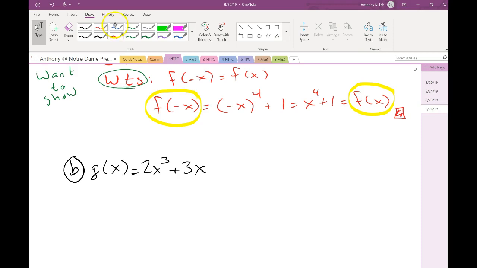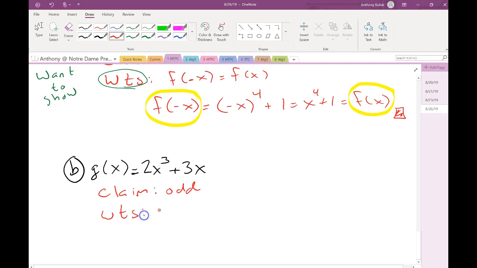Anybody with an intuition about what this is? Odd, even, or neither? So some people have said odd. If you weren't sure, what could you do? Graph it, take a look at the picture to make a determination whether you think this is odd, even, or neither. Okay? So some people have said that they think this is odd.